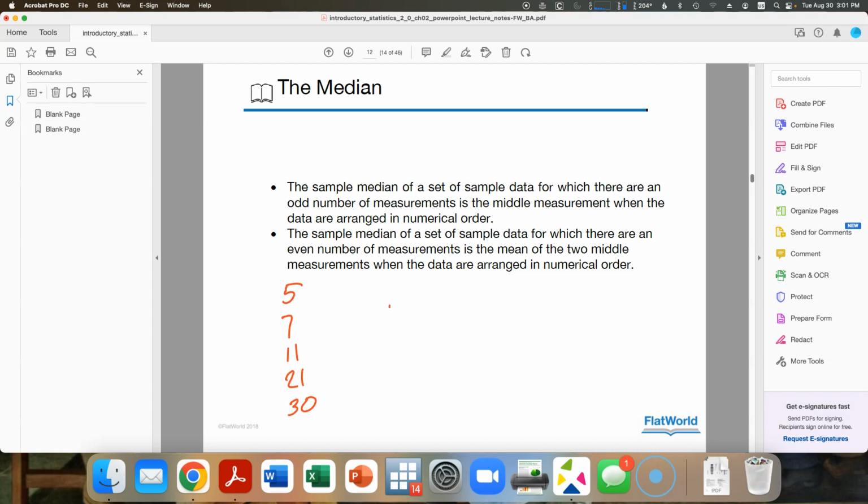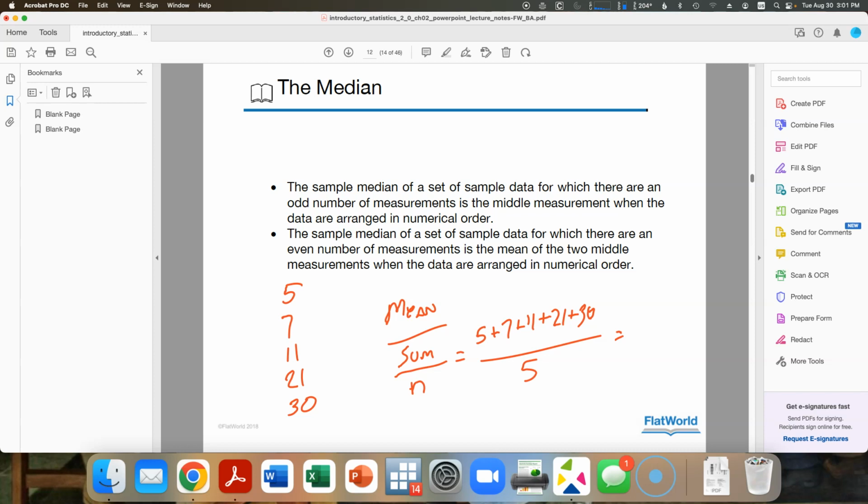In this case, what would be the mean? The mean would be the sum divided by the number of observations. In this case, it would be 5 plus 7 plus 11 plus 21 plus 30 over 5.